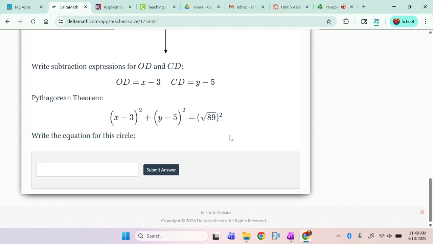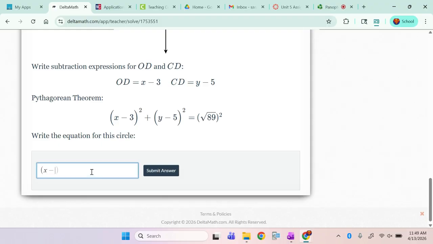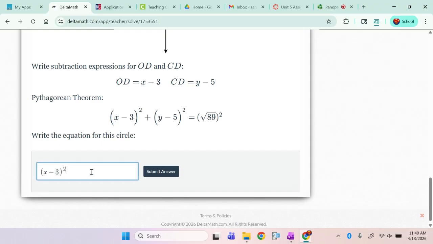That's equal to 89. So that's what you're going to type in to your final answer. Make sure you put the parentheses. So x minus 3 squared plus y minus 5 squared is equal to 89.